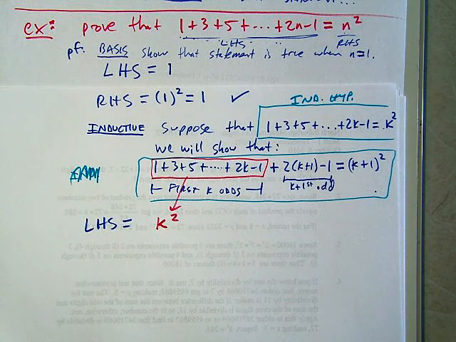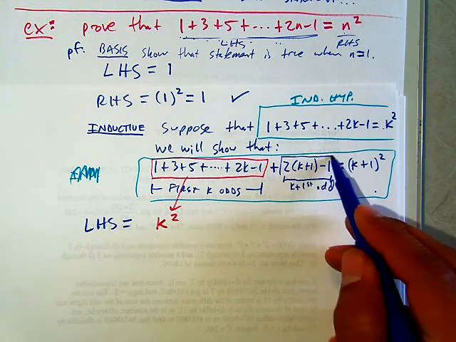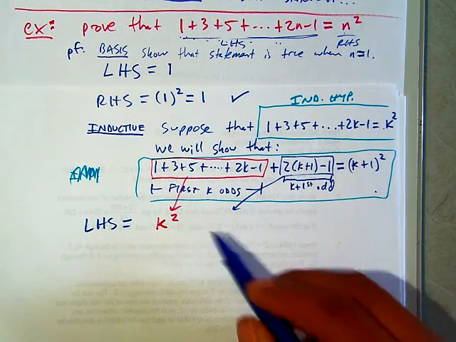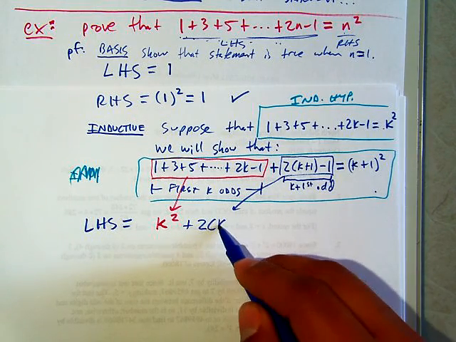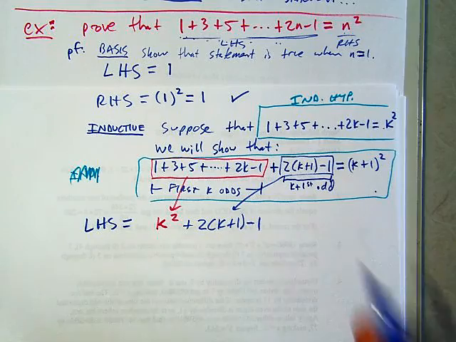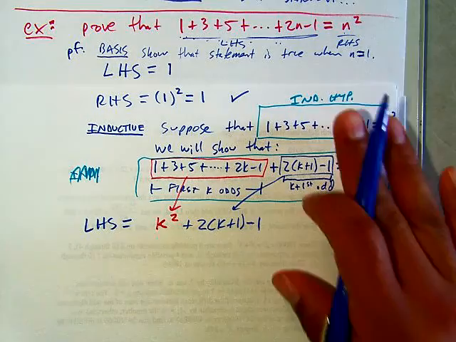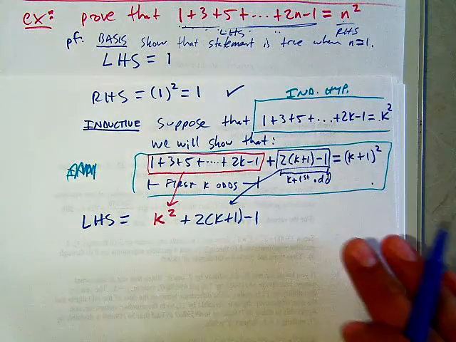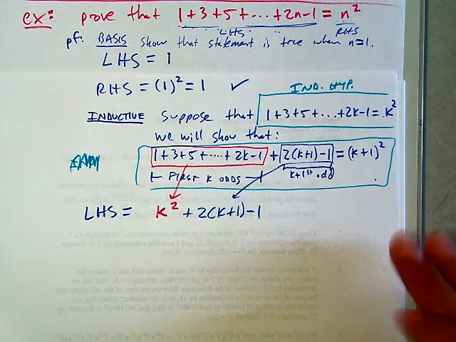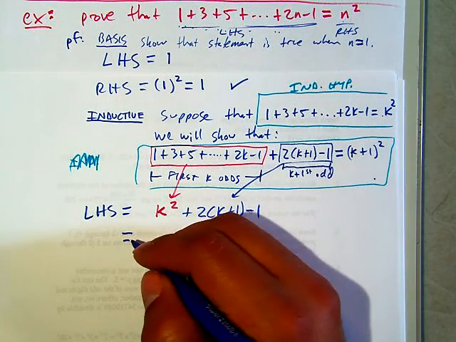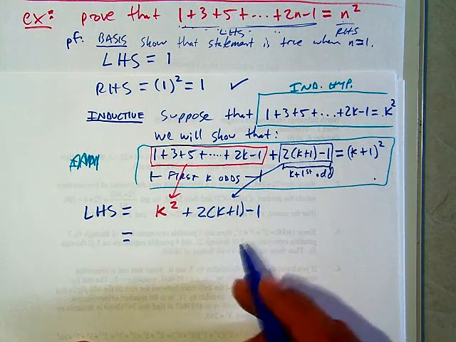Have I done anything with the next piece yet? So this is just going to come right on down. And now the hard part is over. You're just going to multiply this out, and let's see what happens.